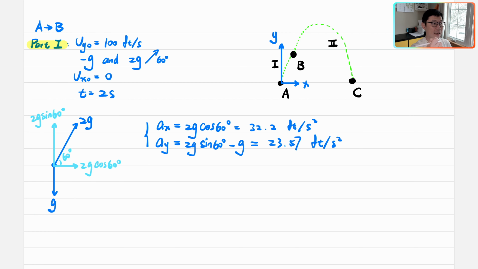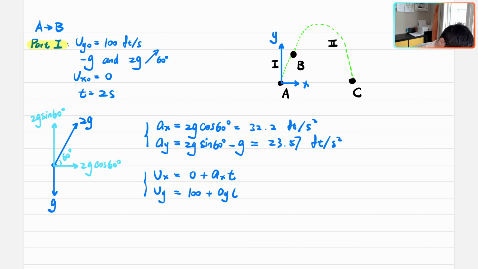Acceleration directly affects velocity. Do we know the initial velocity? Yes, we do. We have the initial velocity, so we can do the calculation, Vx and Vy. Using our constant acceleration formula, 0 plus ax times time, 100 plus ay times time.